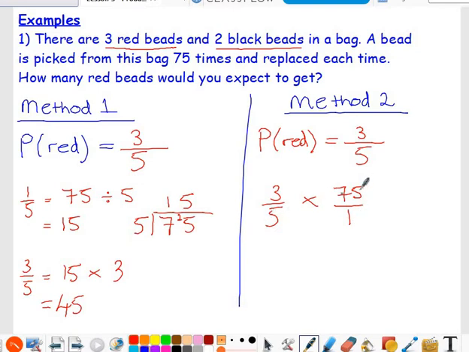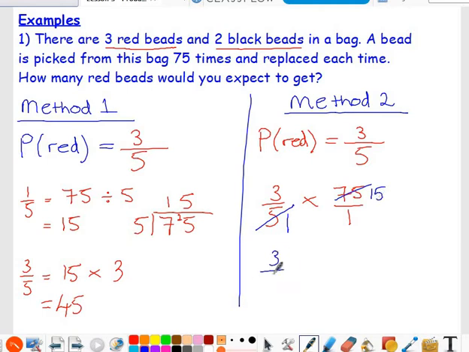So we look diagonal for our cross-cancelling. Remember, when you're multiplying fractions, it's the bow tie method. So we can only cross-cancel diagonally, or we can simplify vertically. So we can see here, we've got a cross-cancel with 5 and 75. 5 goes into 5 once, 5 goes into 75 15 times.